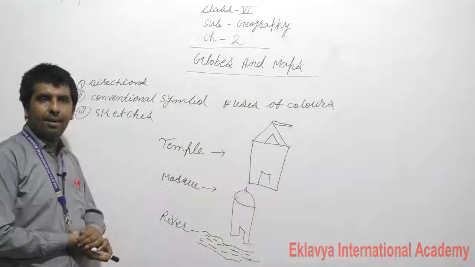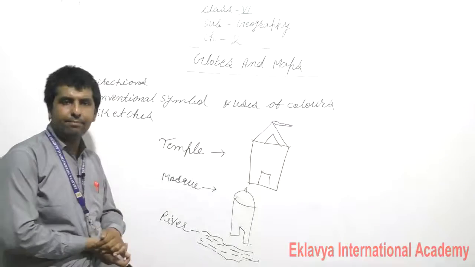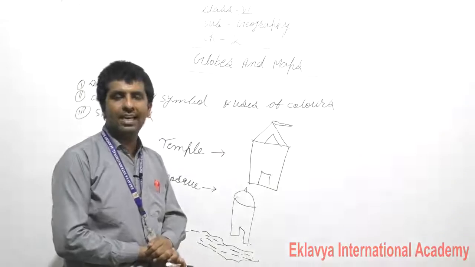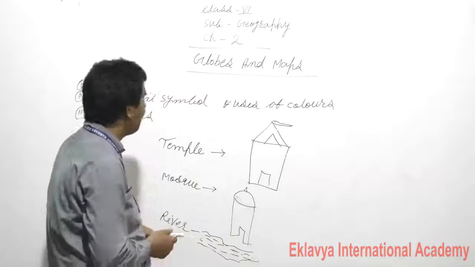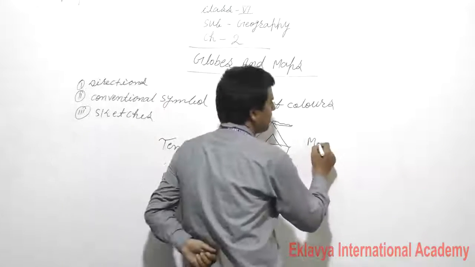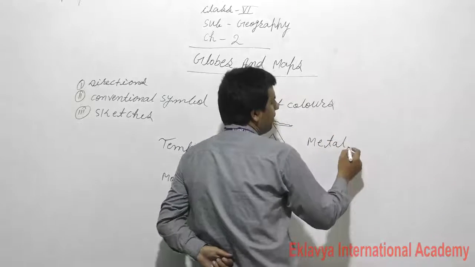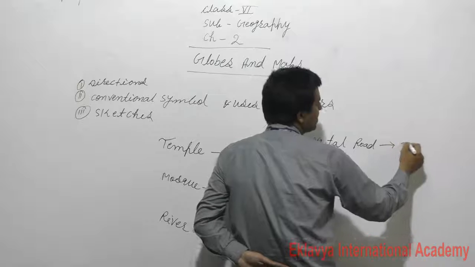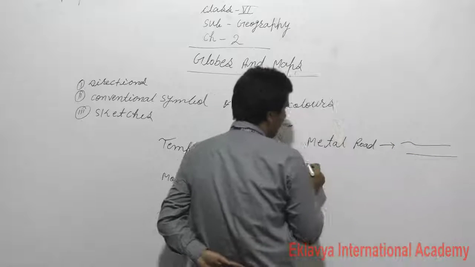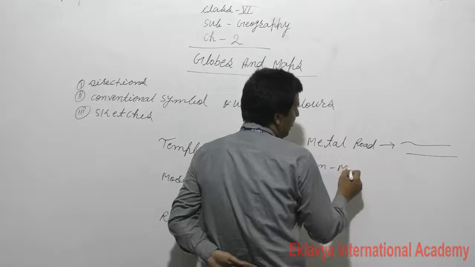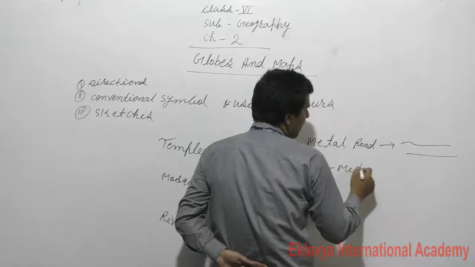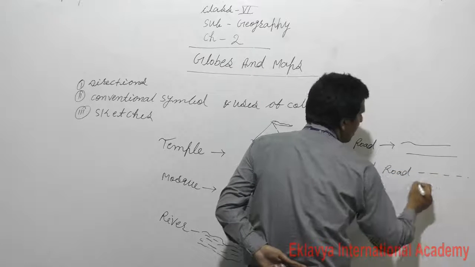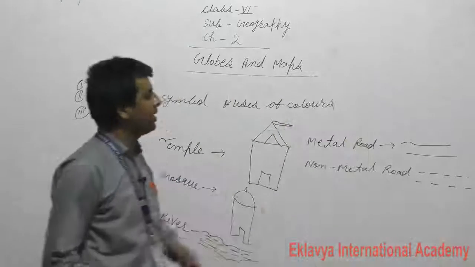There are many types of roads, metal roads and non-metal roads. Metal road is this, metallic metal roads, and non-metal road means this is a non-metal road.